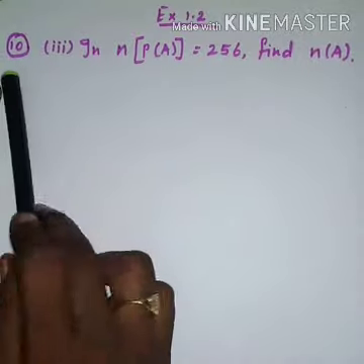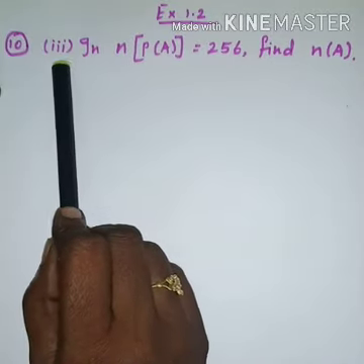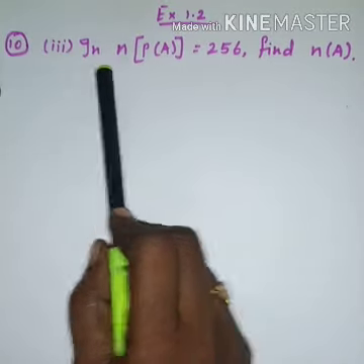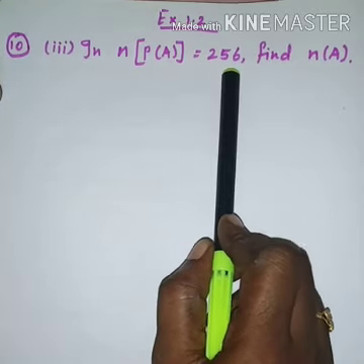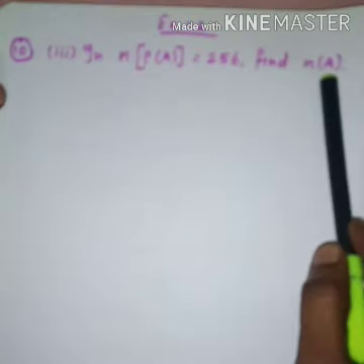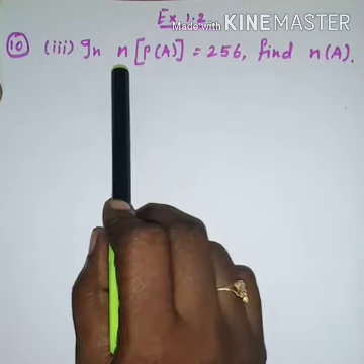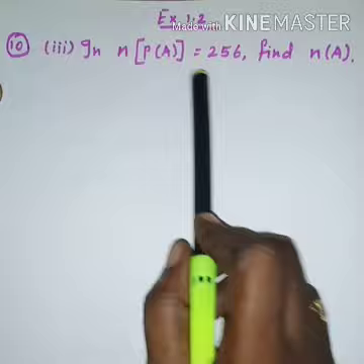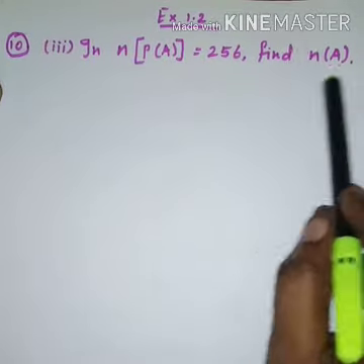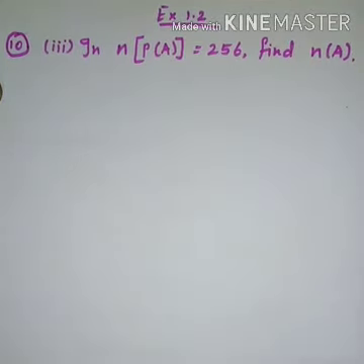1.2, 10th sum, last subdivision, the third subdivision. If n(P(A)) is equal to 256, find n(A). In the previous sum, we found n(P(A)). But for this sum, we have to find the number of elements n(A).